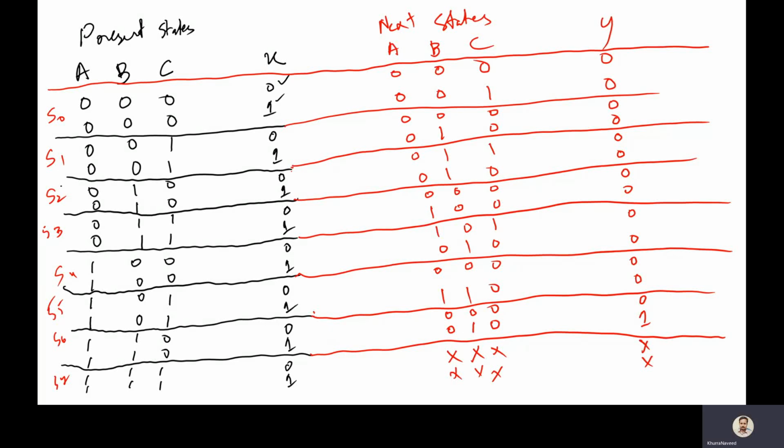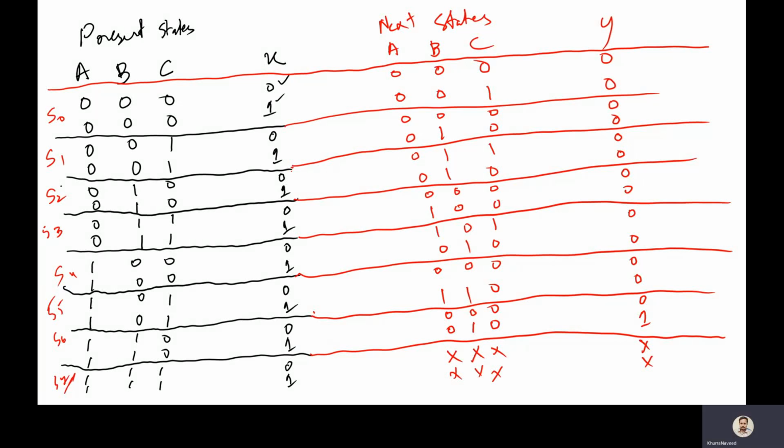So we can use state S7 as a don't care condition in our design process. So the next step is to find out the combinational circuit attached to the inputs and outputs of these flip-flops A, B, and C.